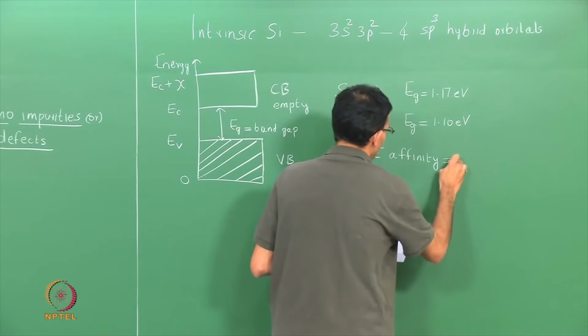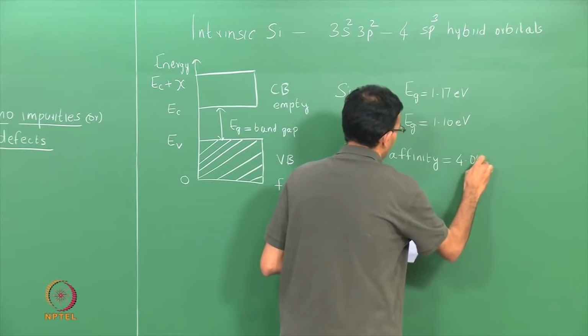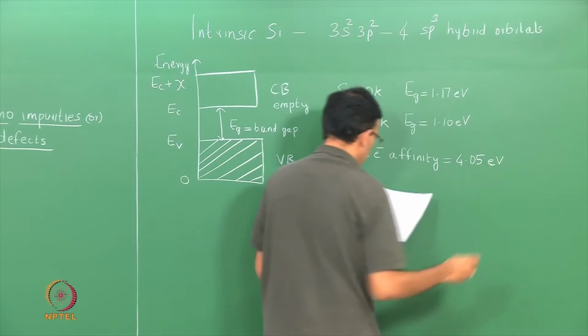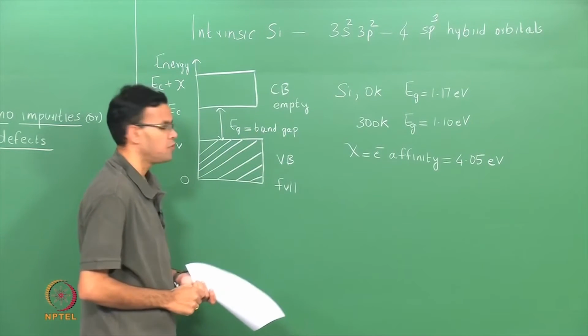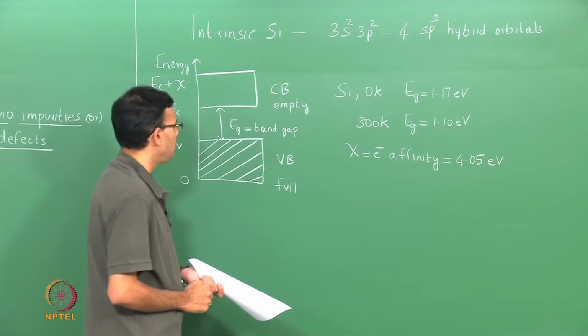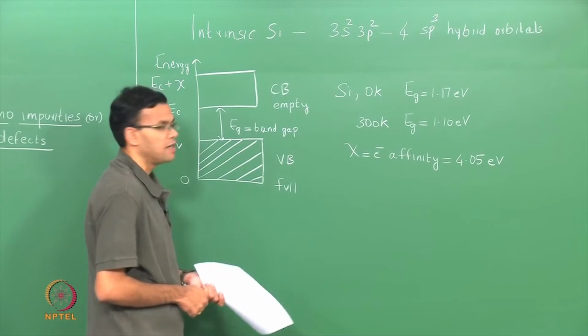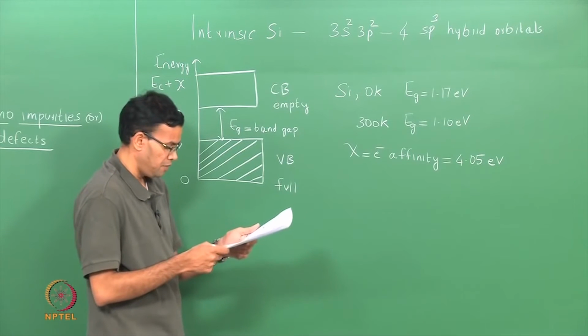For silicon, chi has a value of around 4.05 electron volts. At 0 Kelvin you have a valence band that is completely full and a conduction band that is completely empty.